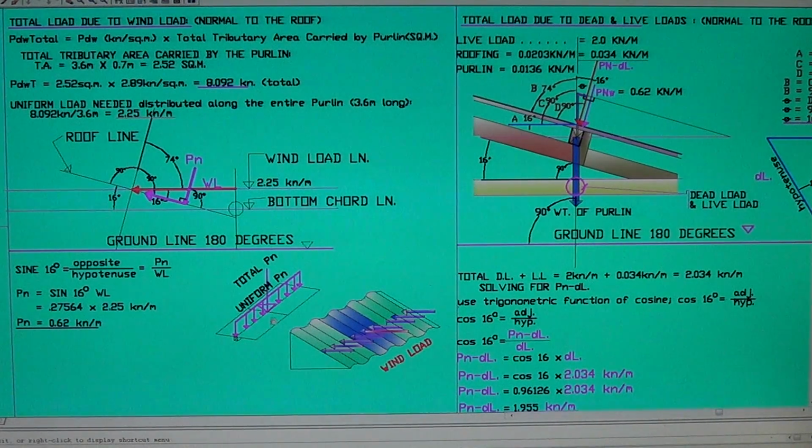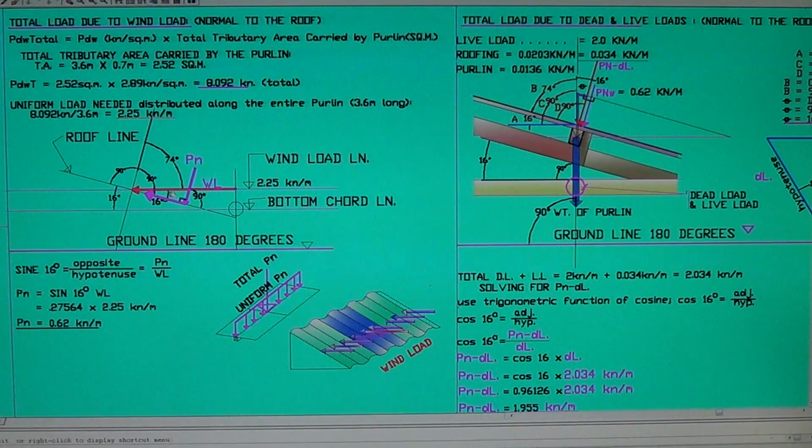That will shear off right there in the middle. That's great. So this is kind of good, uniformly distributed load. Even the purlin itself is 3.6 meters. It's uniform. So we're after the uniformly distributed load. There's no concentrated load in the roofing.